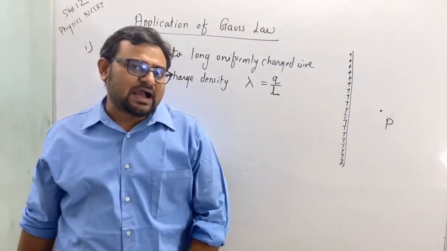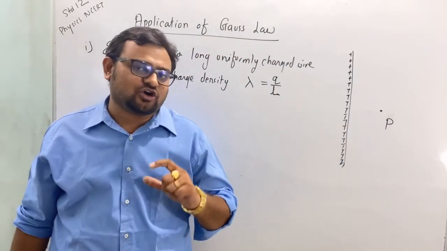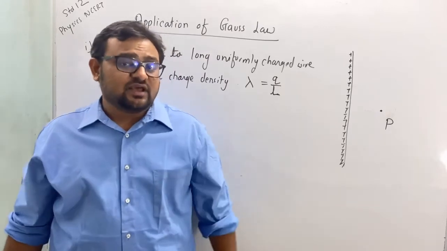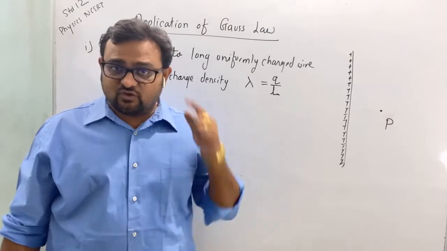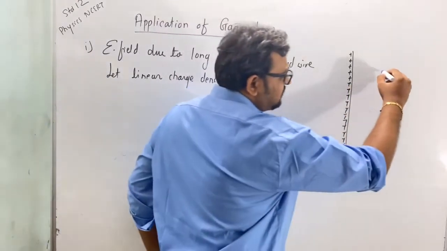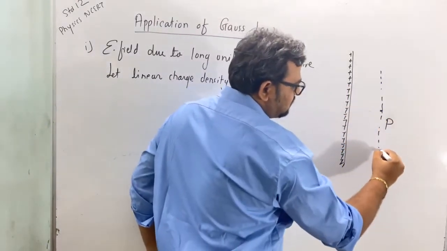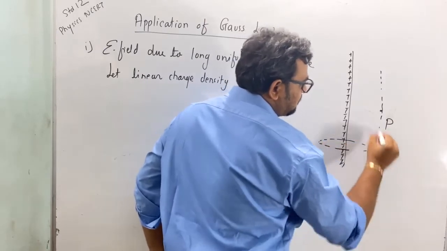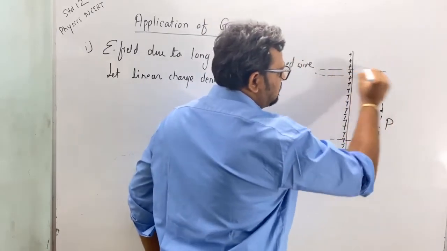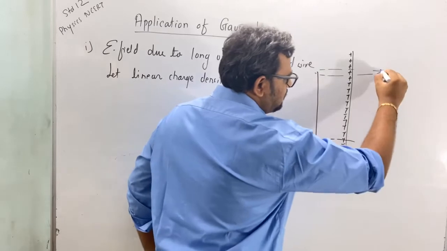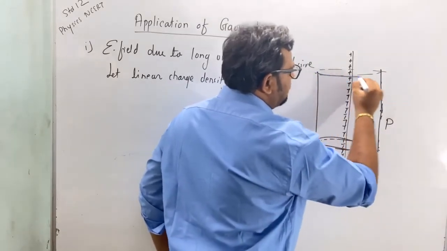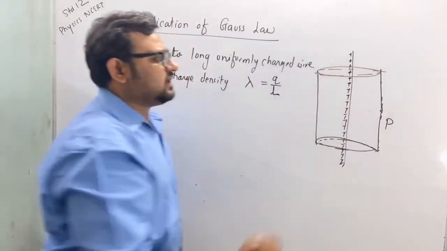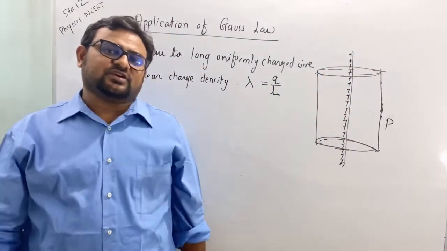So what will I do? I will select a Gaussian surface, a cylindrical Gaussian surface.